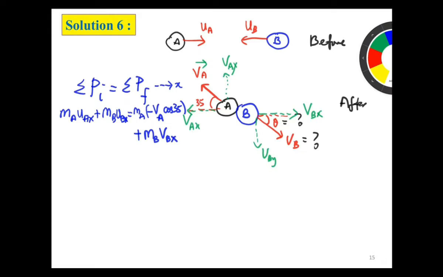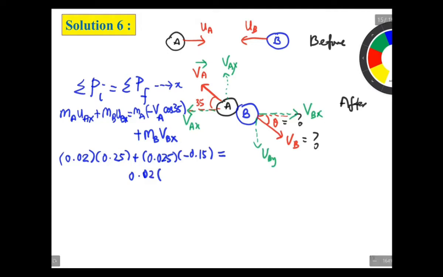Okay. So substitute the value 0.02. Ni semua saya dah convert to kg dan saya dah convert to meter per second. 0.25 plus dengan 0.025 darab dengan negatif sebab to the left. Nampak UB to the left. 0.15 is equal to MA tadi berapa? 0.02.